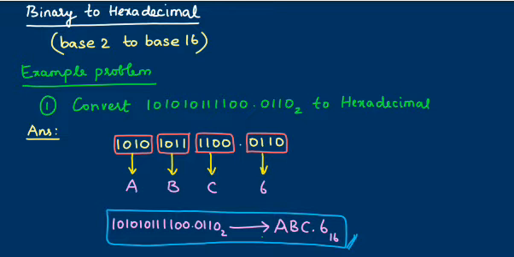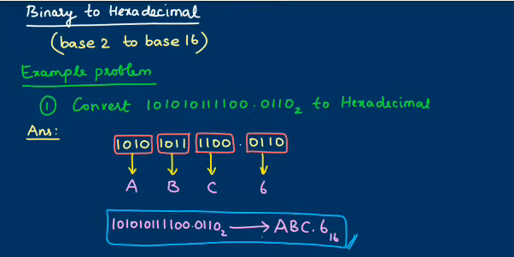See, integer part means from which side we have to start this grouping. From right hand side to left hand side we have to start grouping. So right hand side, totally 4 values I have to take as one group, that is 1100. Next 4 digits are 1011. Next 4 digits are 1010.